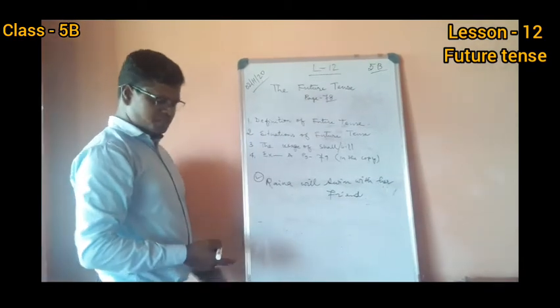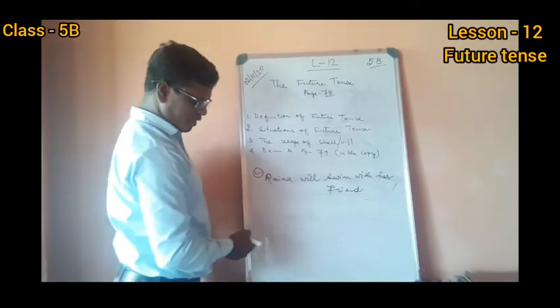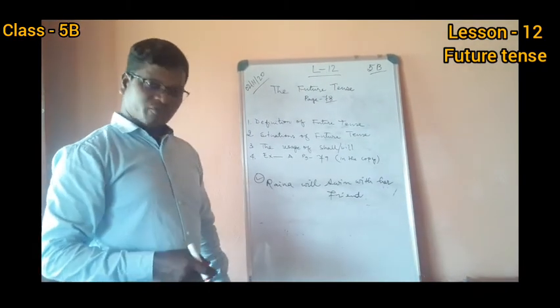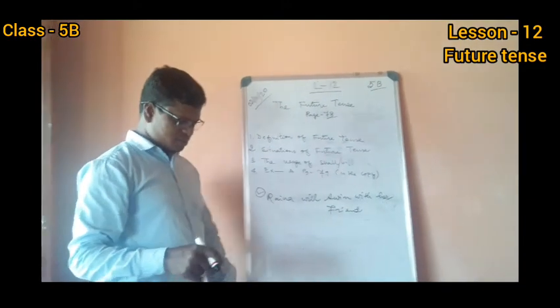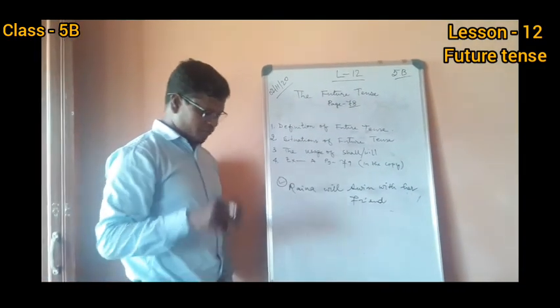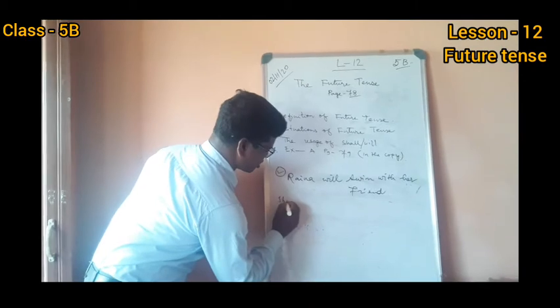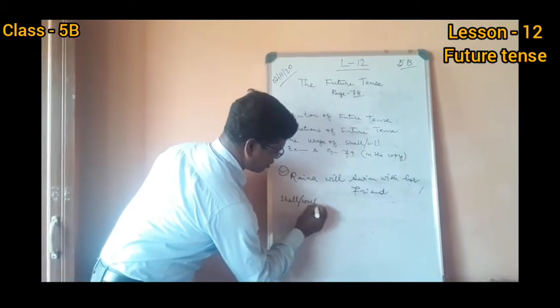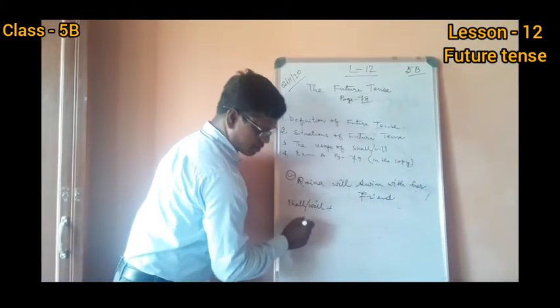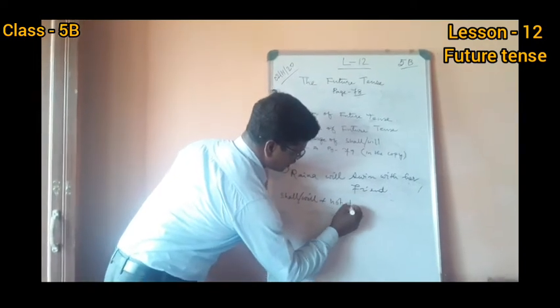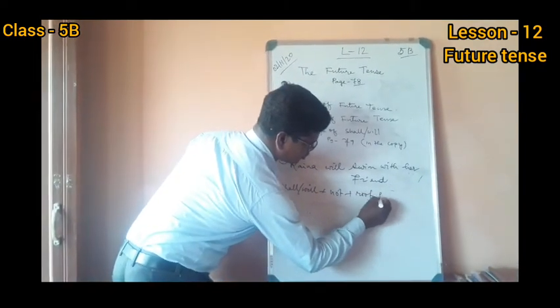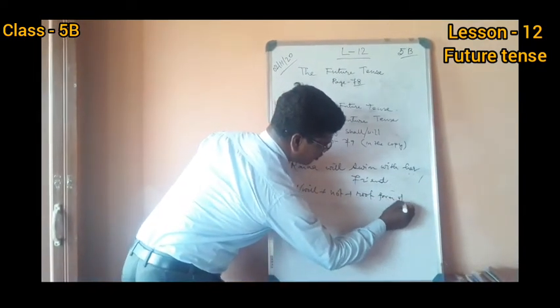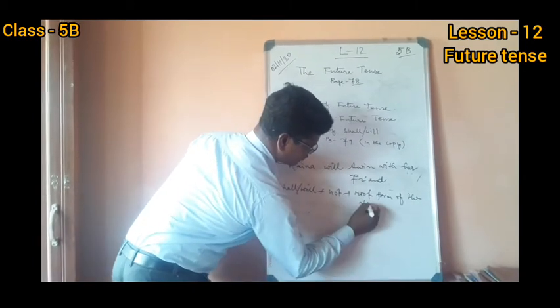So when we change it into a negative sentence, we say shall or will, plus not, plus the root form of the verb.